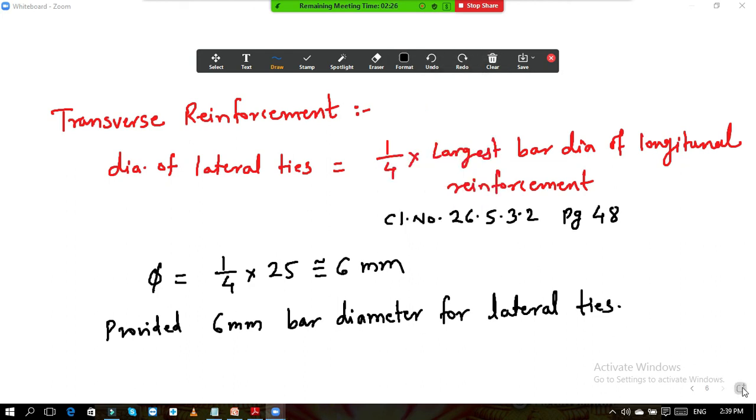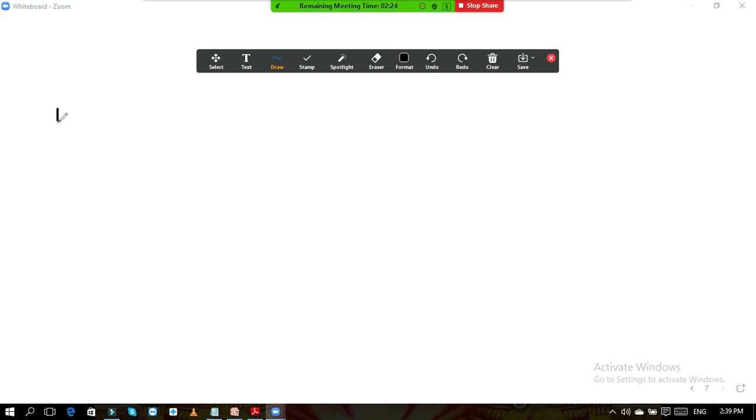So next is the pitch, or we can call this the spacing Sv.